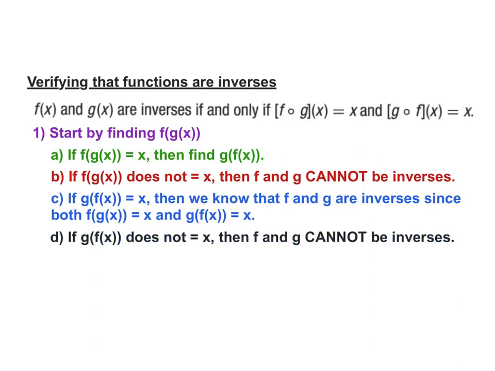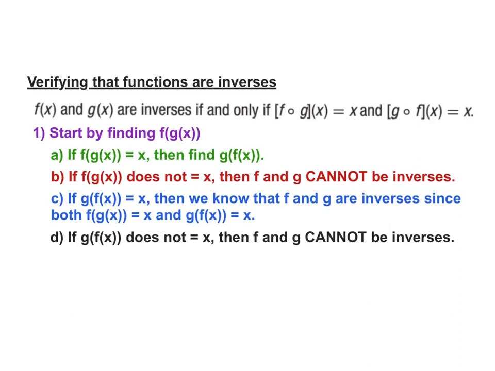If g of f of x does not equal x, then again, f and g cannot be inverses. I will tell you that most of the time, you won't have one that equals x and one that doesn't. I'm trying to think of a situation where that could happen. I don't think it's possible.